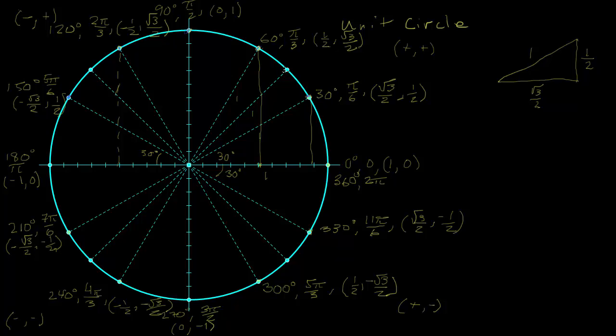Now, these angles splitting the difference in each quadrant, these are 45 degrees added or subtracted from the angles on the x-axis. So this is 45 degrees up here.